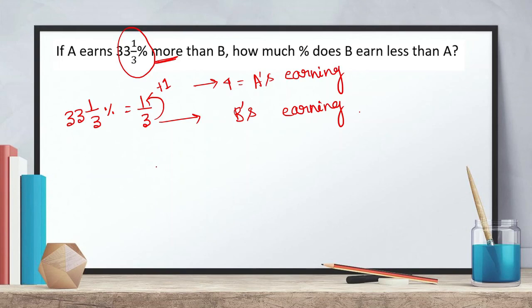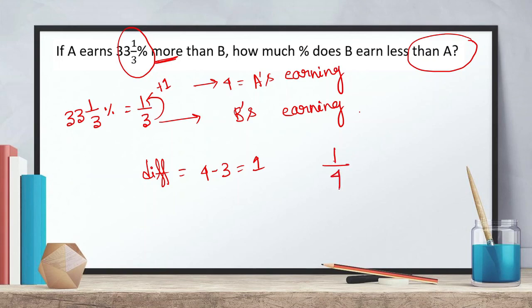To find that, again we need to find the difference. So what is the difference here? The difference is 4 minus 3. It is 1 again. And what is after "than"? After "than" it is A. That means A's earning will be in the denominator.